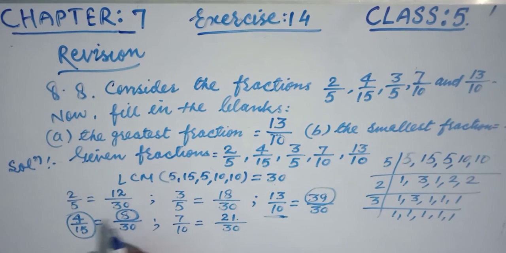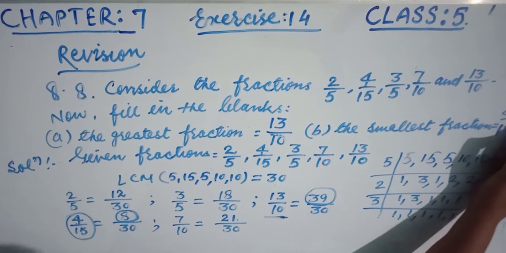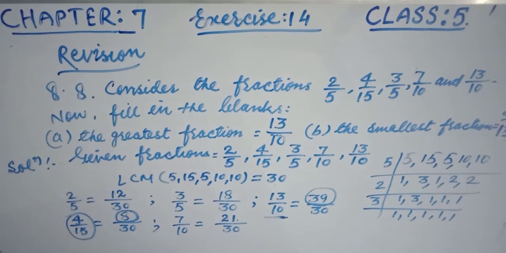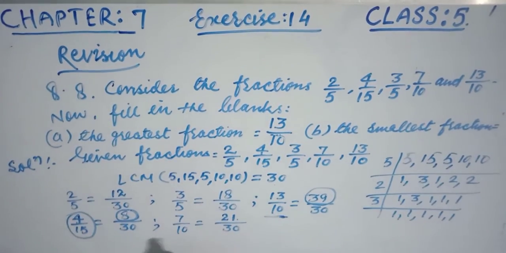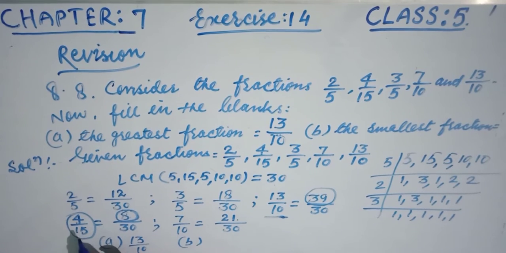Okay, and this is equal to 4 by 15, because we will give the answer according to the question. So 4 by 15 is the smallest fraction, friends. So the answer is 4 by 15. So the greatest fraction, friends, is 13 by 10, and the answer for B, the smallest fraction, is 4 by 15.